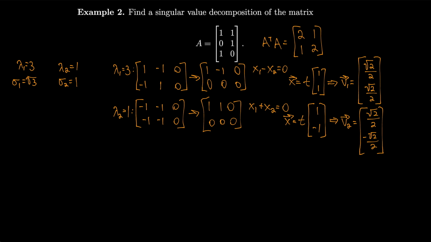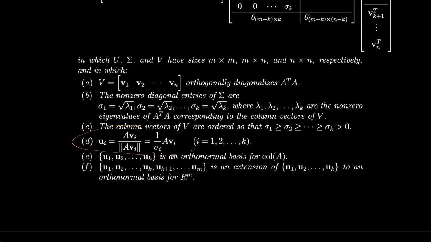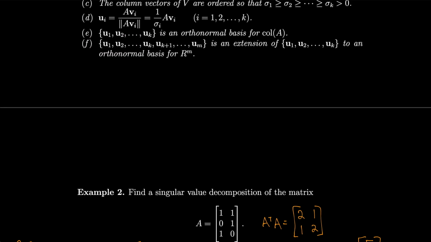So now let's figure out what u1 is. u1 is given by 1 over sigma 1 times A v1, right? That's how we're getting u1. It's A v1 divided by the length of A v1.